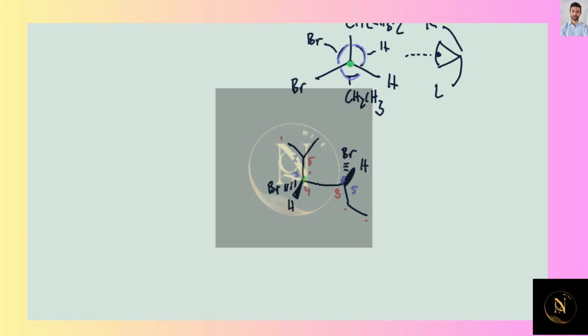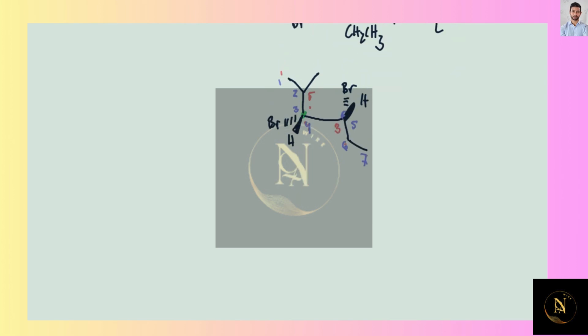The lowest possible numbering scheme is when we put that methyl at the 2. So the blue numbering scheme is what we're going to use. 1, 2, 3, 4, 5, 6, 7 carbon chain. 7 carbon chain means that this is going to be a heptane. That's our root name.